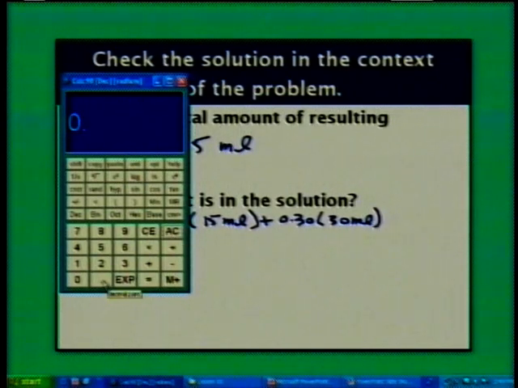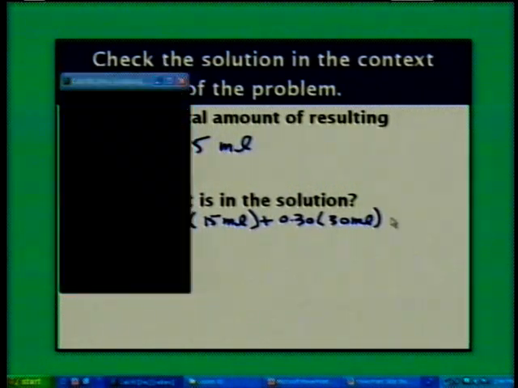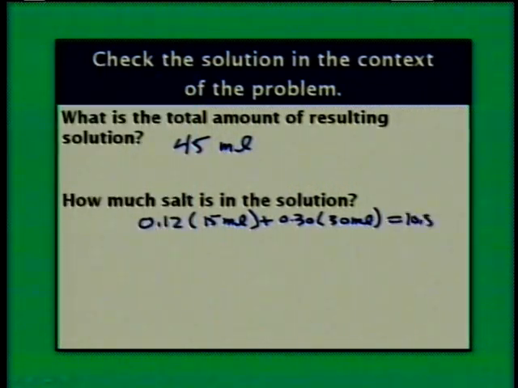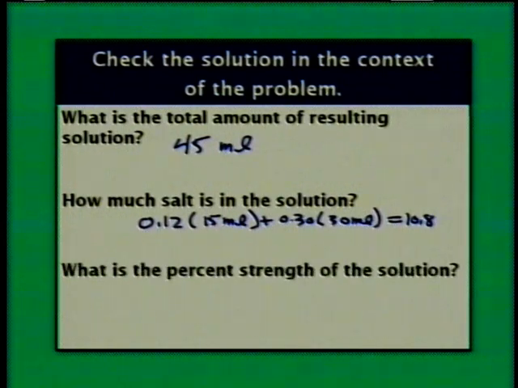So I have 12% of 15 plus 30% of 30, that equals 10.8. Finally, I have to check the percent strength of the solution. So I'm looking at 10.8 milliliters of pure salt to the 45 milliliters of solution.